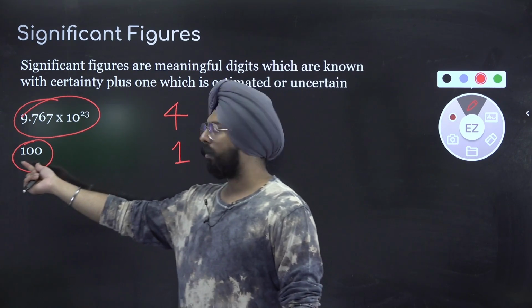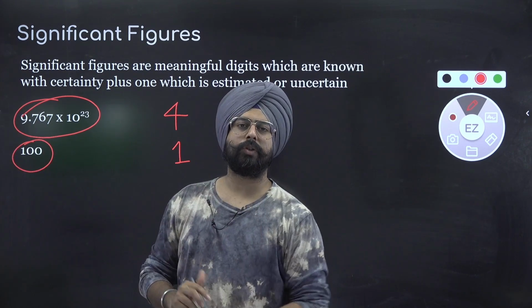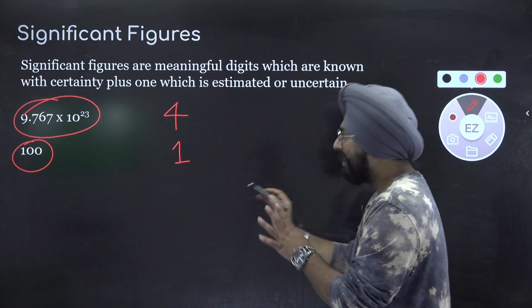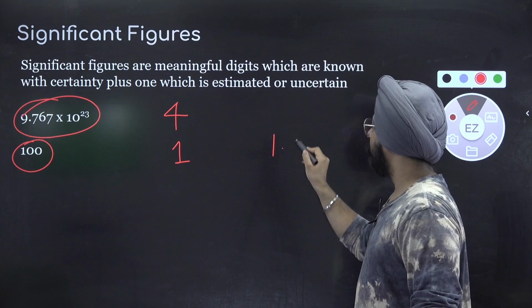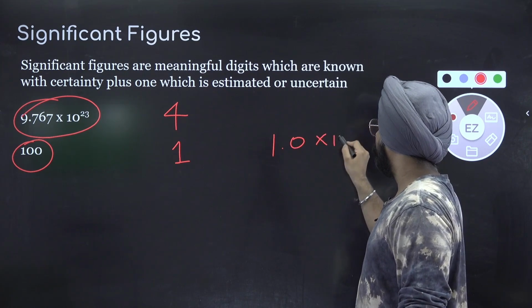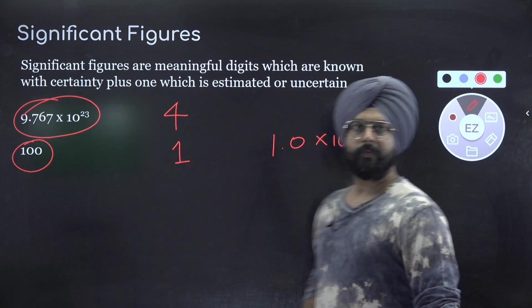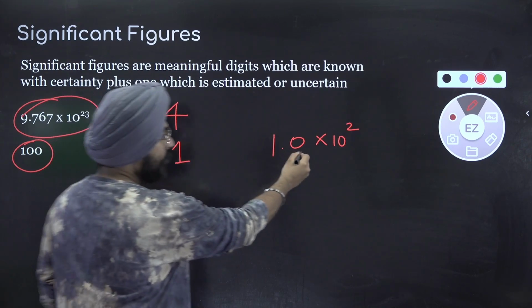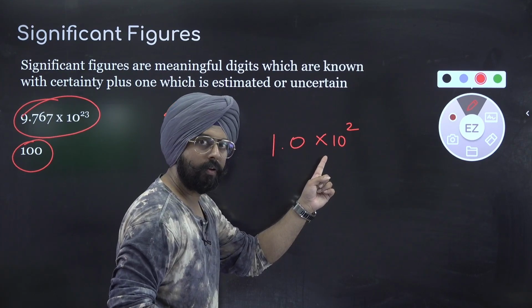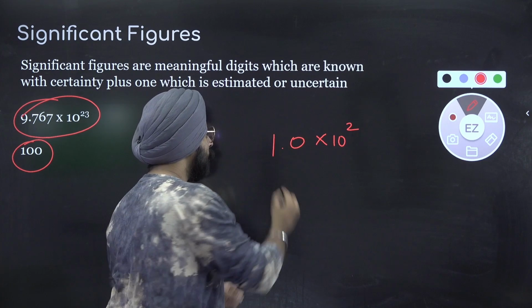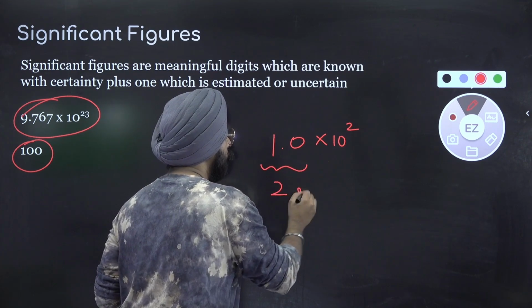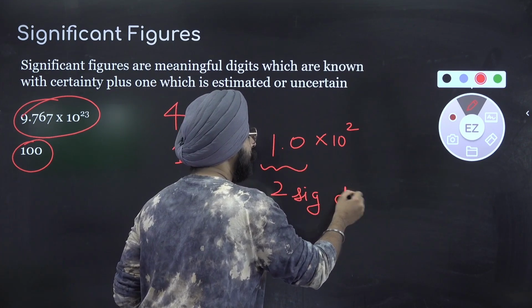Let's say this 100 number, I want to write with 2 significant digits. There is a way to write it, okay? I can write it as 1.0 into 10 to the power 2. I am writing a 0 after the decimal point very carefully. Therefore, this now has 2 significant digits.